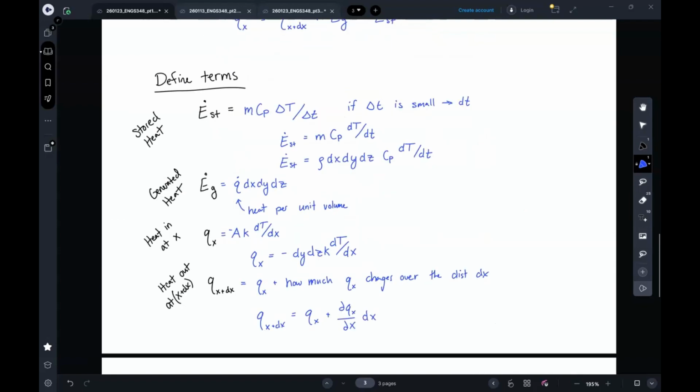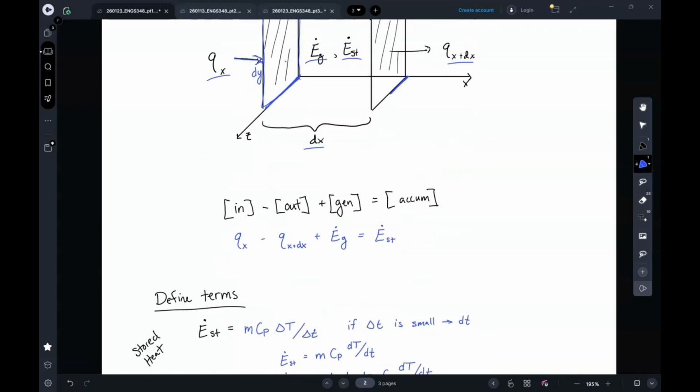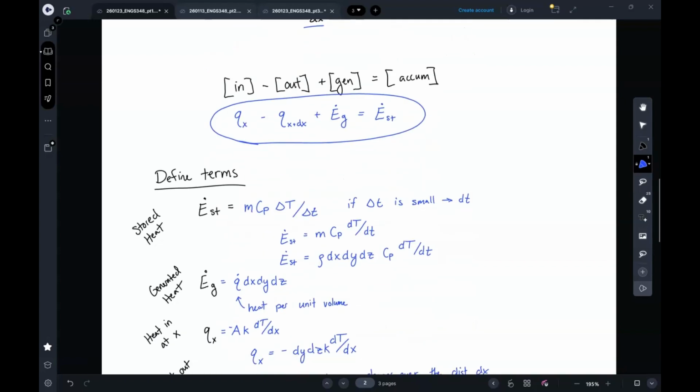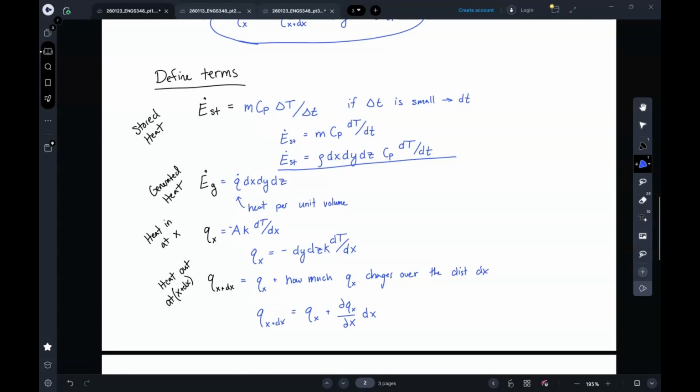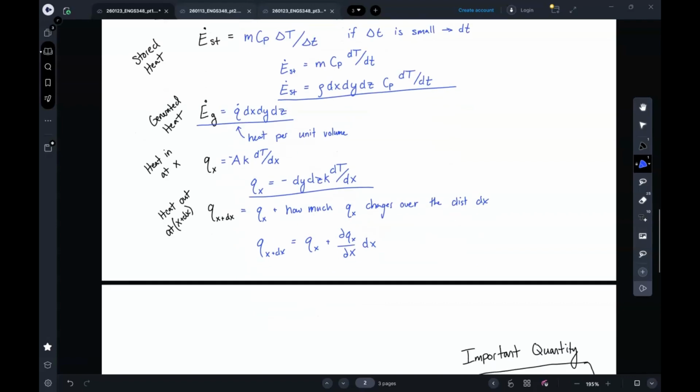So if we look back at what we were trying to do, we were trying to do this equation here. Qx, right, in minus out plus generation equals accumulation. So let's take all of these individual terms, the accumulation, the generation, the in, and the out, and let's put them all together and see what happens.